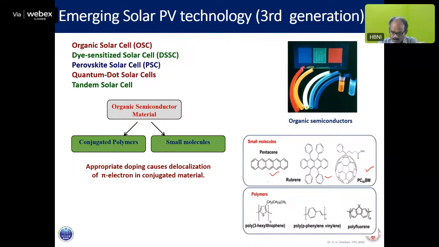Similarly in polymers, a very commonly used one is poly-3-hexylthiophene, also called P3HT. Then polyphenylene vinylene, PPV, and polyfluorene, and there are many. So these are just some typical examples of organic semiconducting materials.